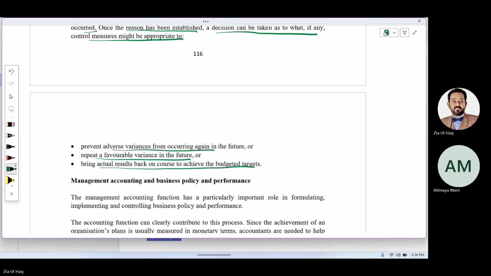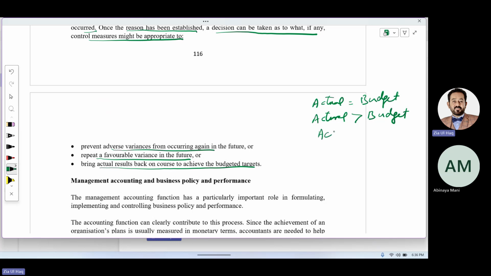If company achieve their budget, variance may be favorable. It's better if actual results are equal to budget. If actual results are greater than budget, this is also bad, because if actual are greater than budget, this means company have used more resources, and that will create a problem for the coming year as well, because you will be having less resources.